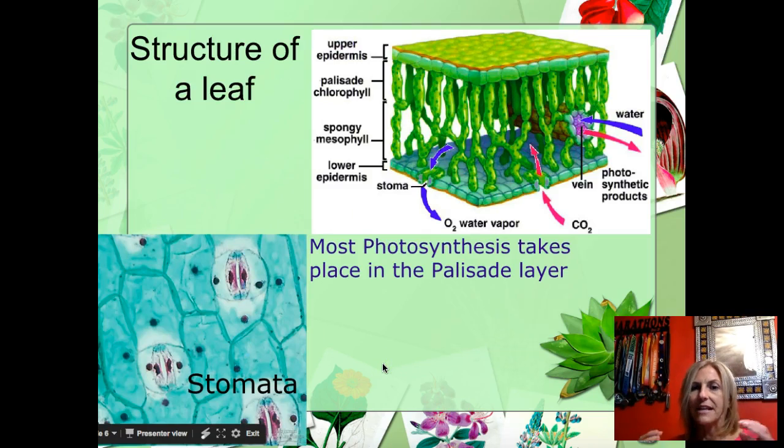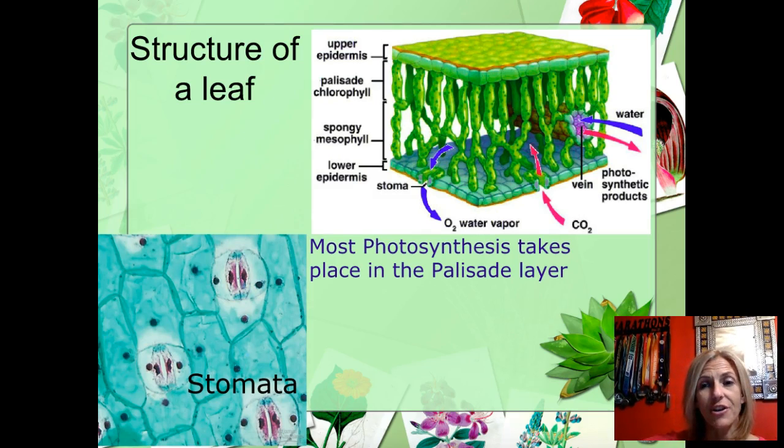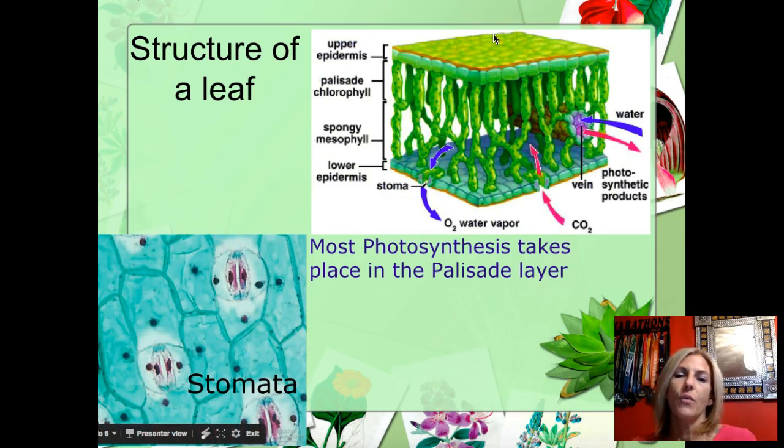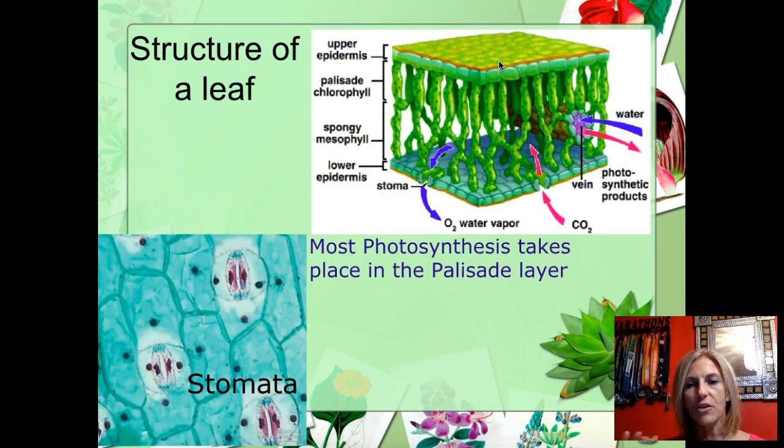So like I said, I want to continue getting smaller and smaller and closer to detail. Okay, looking at a leaf structure, the leaves have the upper epidermis, kind of like our skin. We've talked about this before, that it has a cuticle and usually a waxy substance that protects it. You have the palisade layer, the palisade mesophyll.